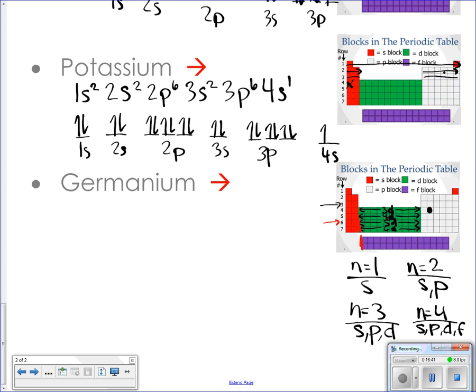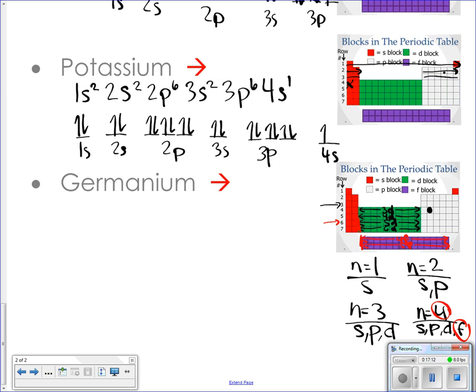But instead, energy level 4 is where the F starts to take place. And we'll talk more about this in the next lecture. This is just to give you a little taste of what's to come. And so for the F group, you need to subtract 2 from the energy level. So this is really 4F. And this is 5F. But when you're recording it, you still go in order of the periodic table.